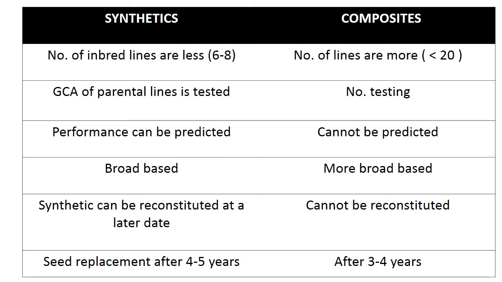Synthetics performance can be predicted. It is narrow based. Reconstitution is easy. The seed replacement is after 4 to 5 years, whereas composites are more broad based, cannot be reconstituted, and the replacement is after 3 to 4 years.